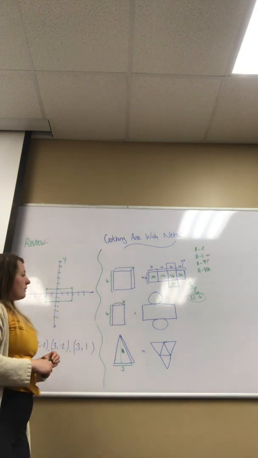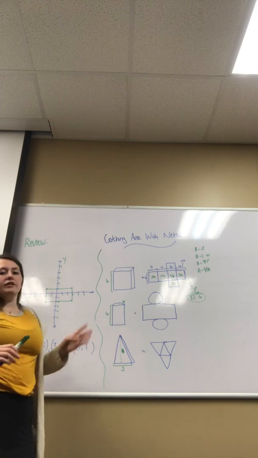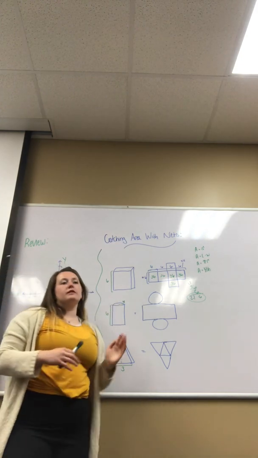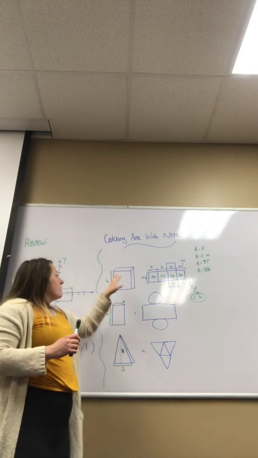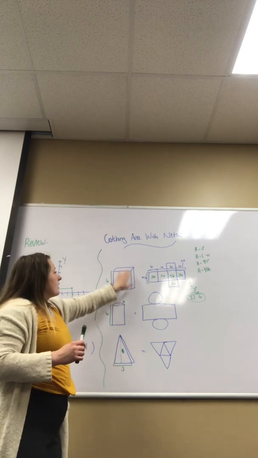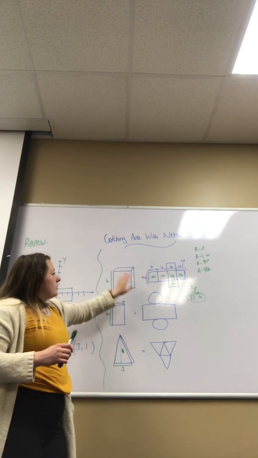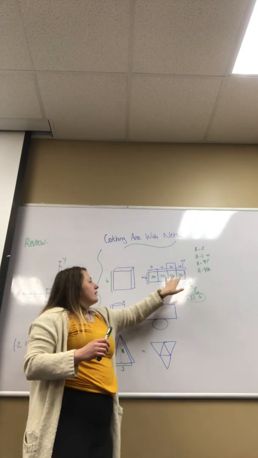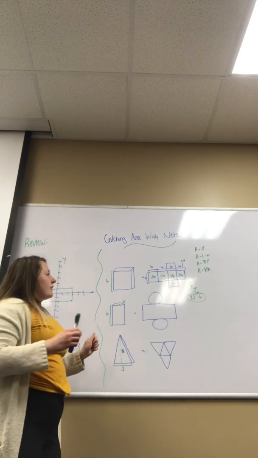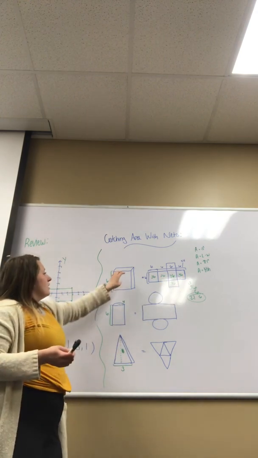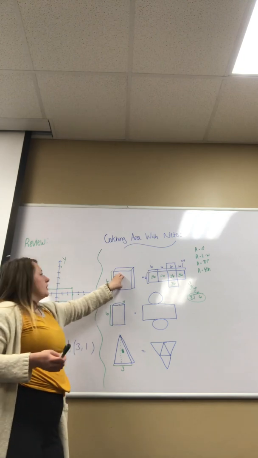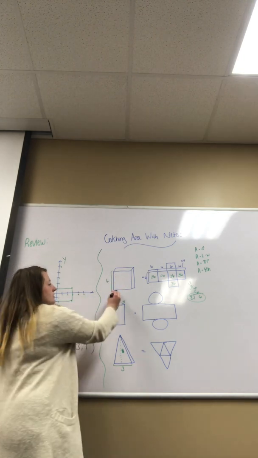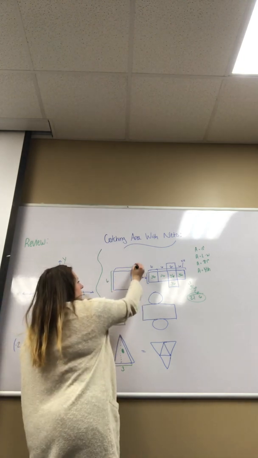One thing I want to talk about is faces and edges, because this is going to show up on some of your tests and quizzes. So this is a face. Each part of the box is a face. So this is a face, this is a face, this face, face, face. Another thing is we have to look at edges, okay? So how many edges would a cube have? That's just this line, these lines, okay?